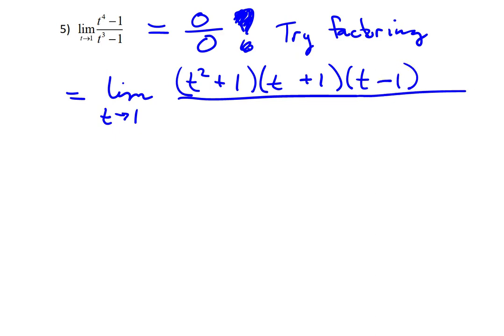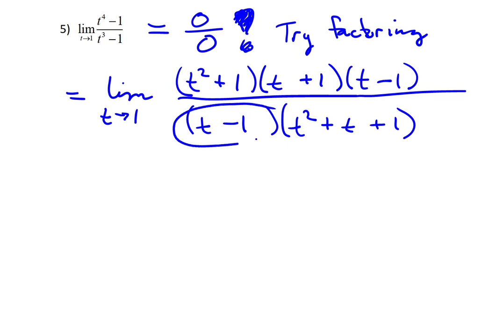Okay, so the original numerator of t to the fourth minus 1 has now been fully factored into t squared plus 1 times t plus 1 times t minus 1. If we look at the denominator, originally it was t cubed minus 1. That's actually a difference of cubes. So yes, you have to know all your factoring at this point. That would be factored into a t minus 1 in parentheses times a t squared plus t plus 1. And so now after factoring, you can see, as was the case even back in algebra class, that you have a common set of factors that'll cancel.